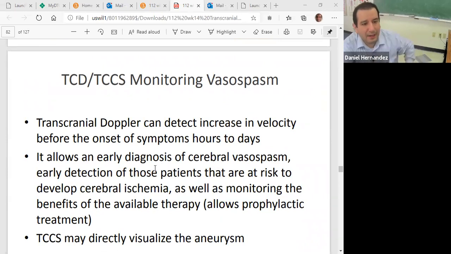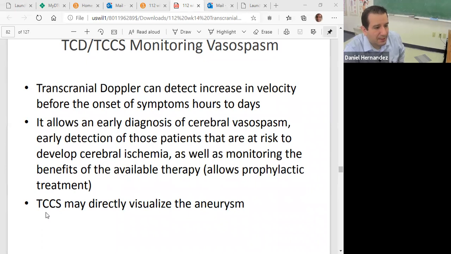It allows early diagnosis of cerebral vasospasm and early detection of those patients at risk to develop cerebral ischemia, as well as monitoring the benefits of the available therapy as prophylactic treatment.